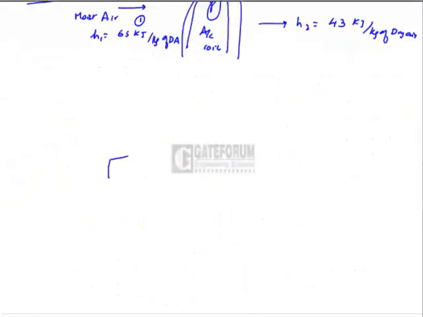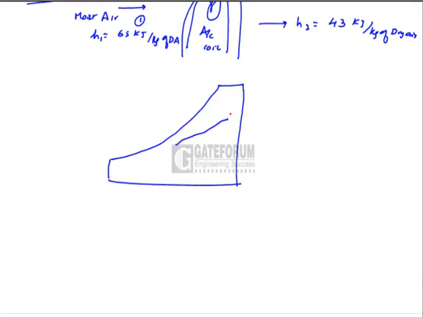Representing it over the psychrometric chart, this is state 1, this is state 2. This is H1, 65 kilojoules per kg of dry air. This is state 2, 43 kilojoules per kg of dry air. This is DBT. This is W.